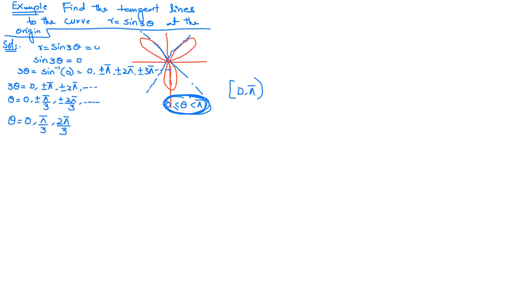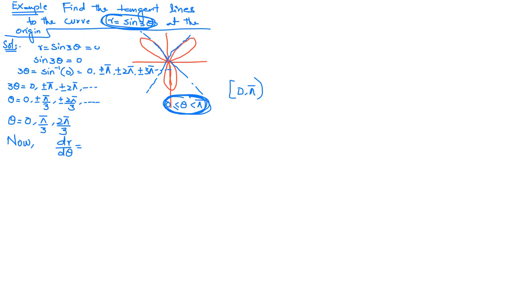Okay, now what we have to do is find dr by d theta. This is dr. What is the derivative of sine of 3 theta? Cosine of 3 theta. Okay.